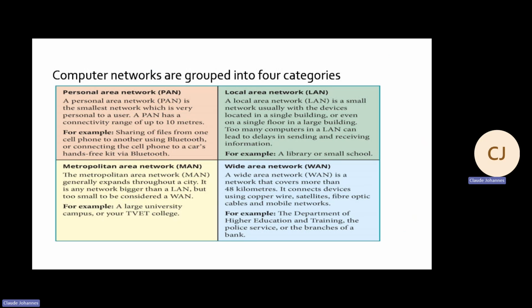Lastly, we look at wide area network. This is a network that covers more than 48 kilometers. It connects devices using copper wire, satellites, fiber optic cables, and mobile networks. Fiber optic cables were recently installed in some of our towns or even townships. You know that one, that's fiber.